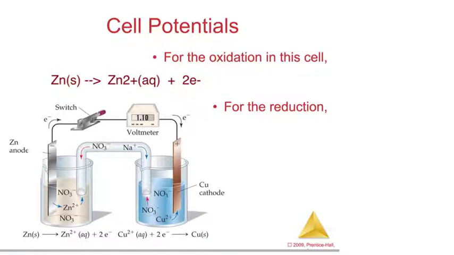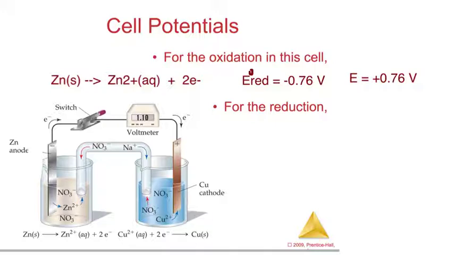And if you take a look at table 20.1 on page 863, or at the previous slide, you'll see if you take that oxidation half reaction and flip it around to a reduction half reaction, then you would find the reduction potential to be negative 0.76 volts. And since this is the reverse of that, this is oxidation, then our E would be a positive 0.76 volt.